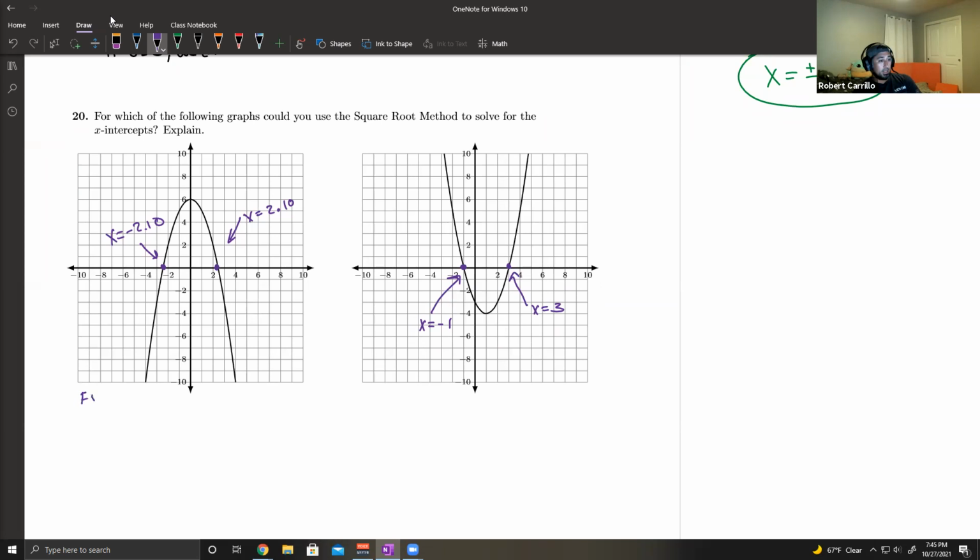I'll say first graph because x-intercepts are the same value, but positive, negative. There we go.